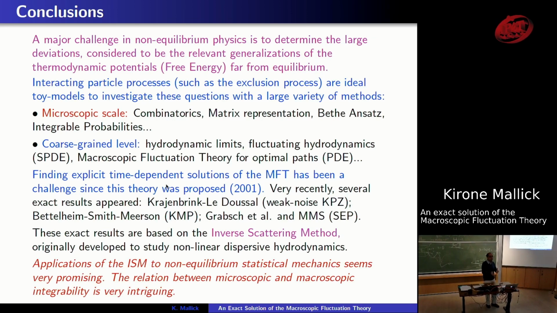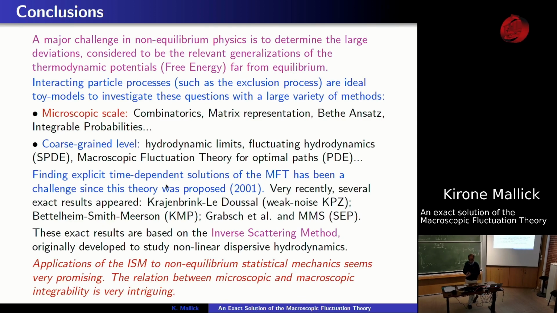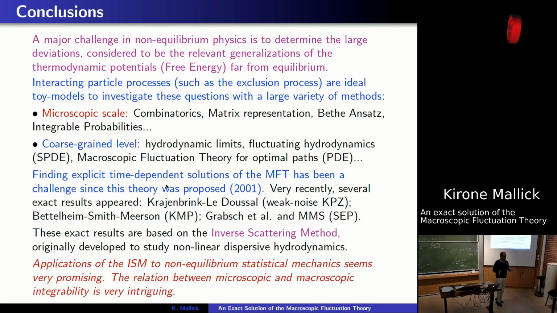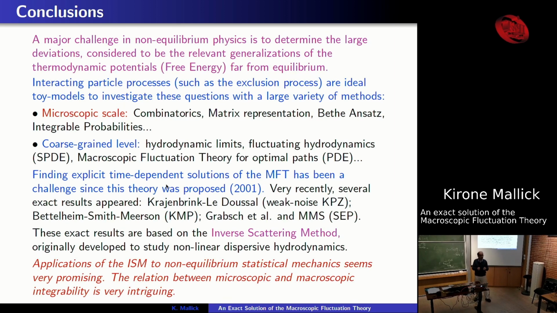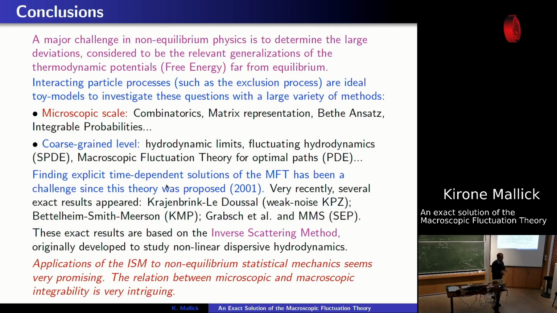And you can use technology from the Toda chain to get some information about non-equilibrium. Of course, the exclusion process is nothing but the XXZ spin chain, just slightly twisted, with boundary conditions which are non-diagonal, etc. But in the bulk, it's XXZ. ZRP is nothing but XXX. So the Bethe ansatz for ZRP is the Bethe ansatz, 1931.